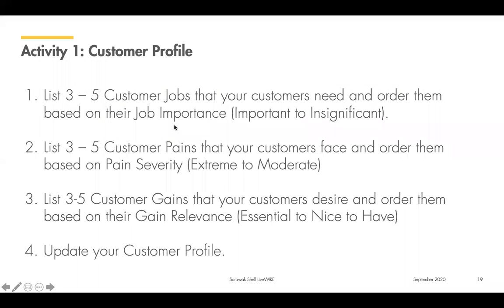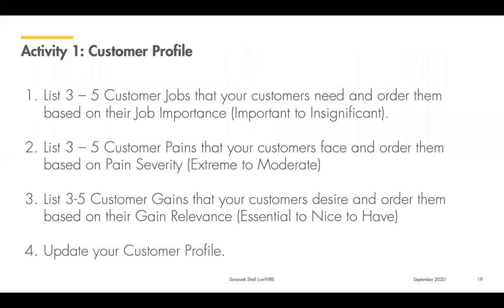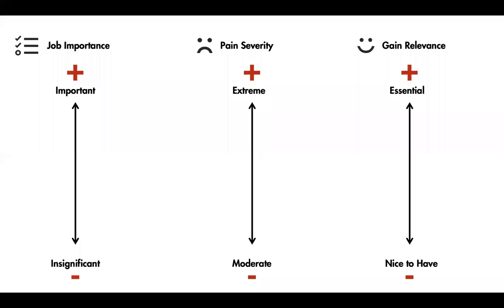So these are the exercises for today. The first exercise is to list 3 to 5 jobs that your customer needs to get done and order them based on job importance, from important to insignificant. Next, list 3 to 5 customer pains that your customer faces and order them again based on severity.